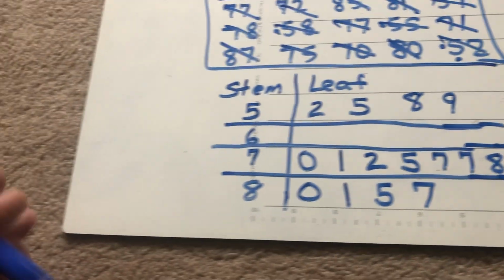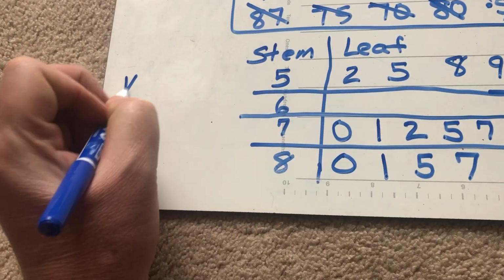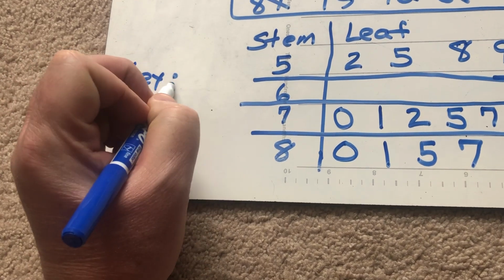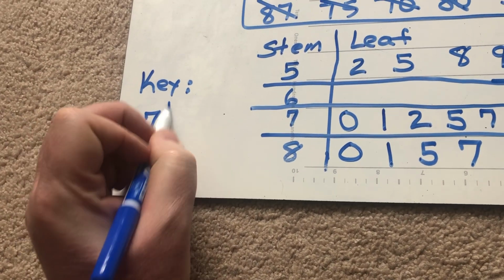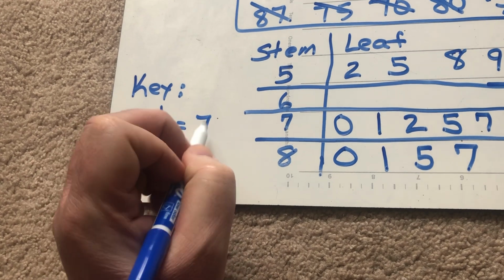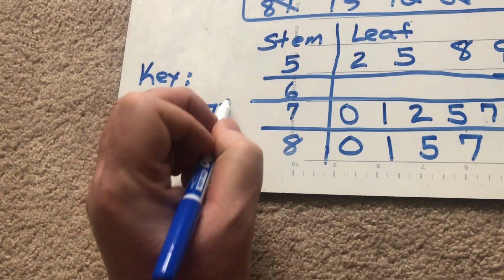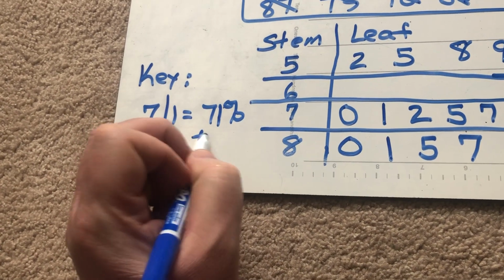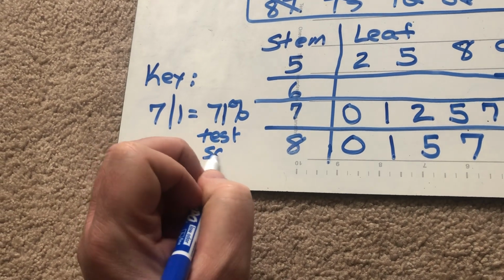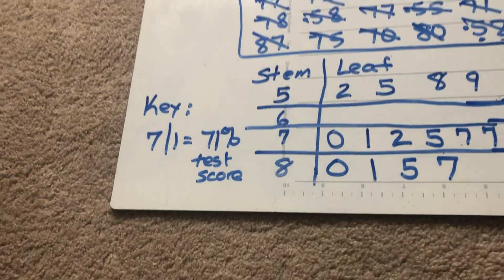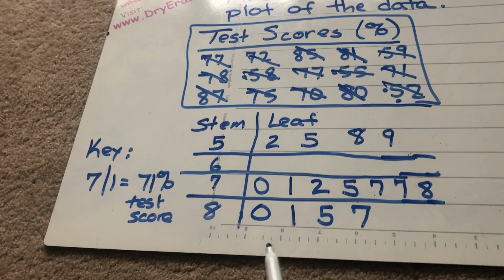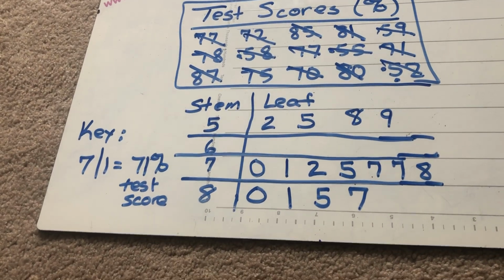I also always include a key in a stem and leaf plot. I put key, and then I put like 7 and 1 equals 71% test score to demonstrate what a number actually means. All right?